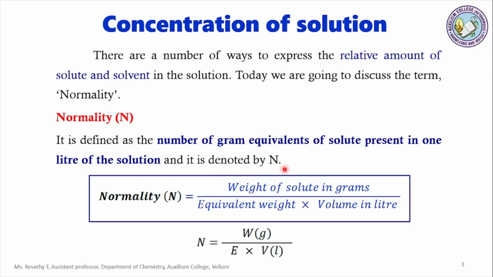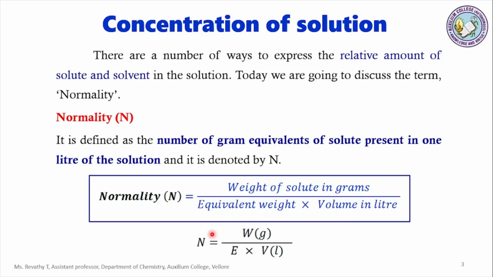The number of gram equivalents of solute is equal to weight of the solute divided by equivalent weight of the solute. That is, gram equivalent is equal to W by E. So, normality is equal to weight of solute in grams divided by equivalent weight into volume in liter.